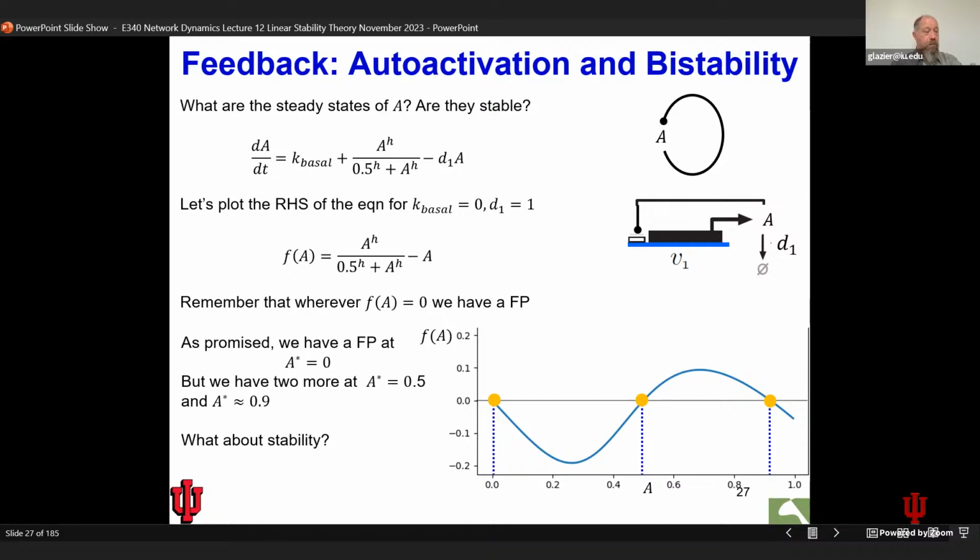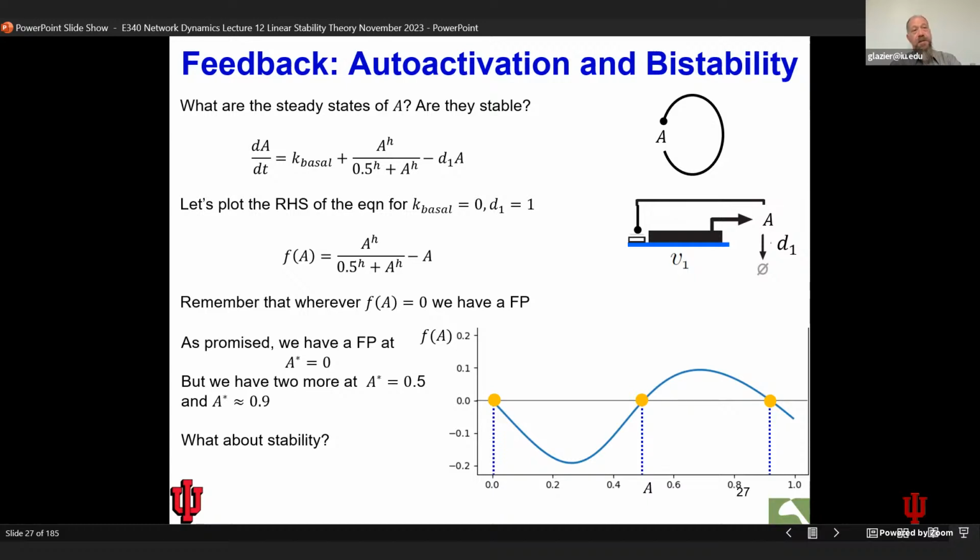I have a fixed point at 0, a fixed point around a half, and a third fixed point. Here I've set the decay rate to be 1, which makes life a little bit easier. So D1 is 1. If A is equal to a half, then a half to the H over a half to the H plus a half to the H is a half, minus a half is 0.